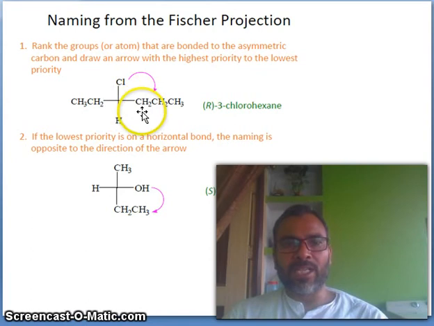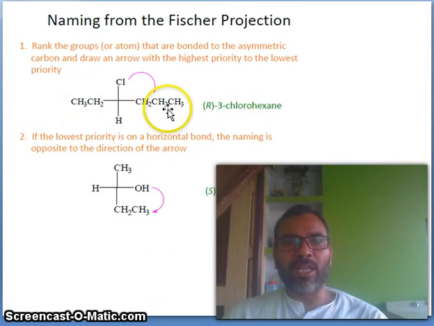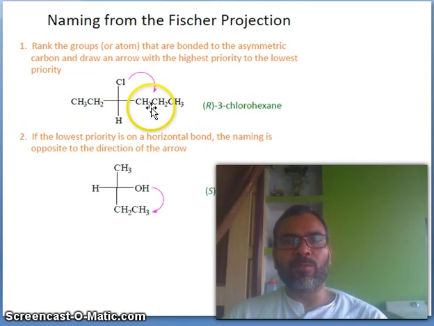Now this ties, CH2, CH2, it will not decide. So again we move to another carbon. This carbon is attached to 3 hydrogens, this carbon to 2 hydrogens and 1 carbon. So this will get more priority than this. So higher priority, then this and then this. This is clockwise, then R.